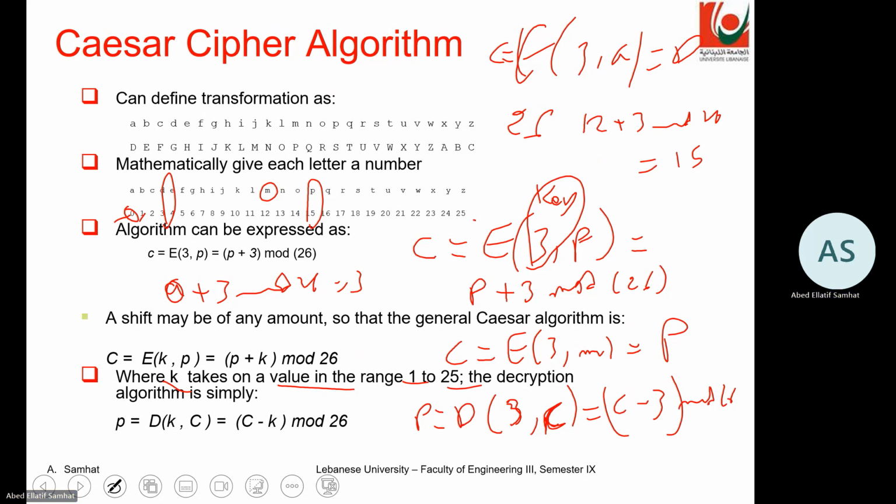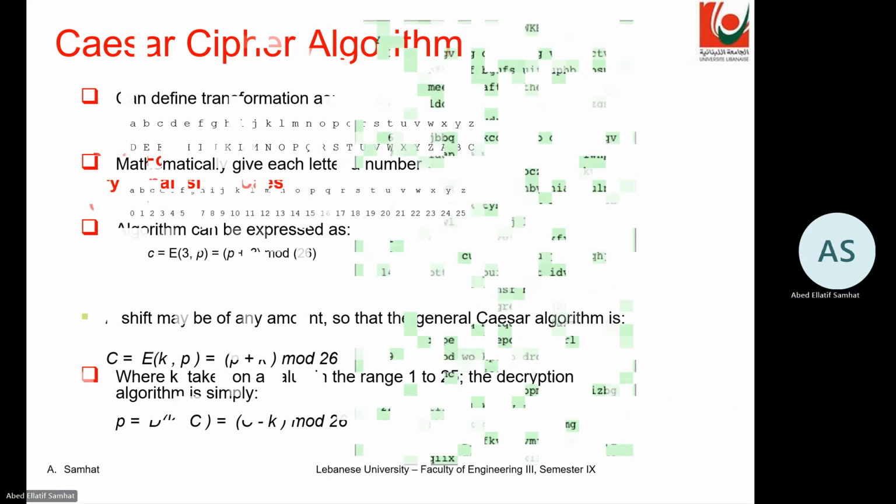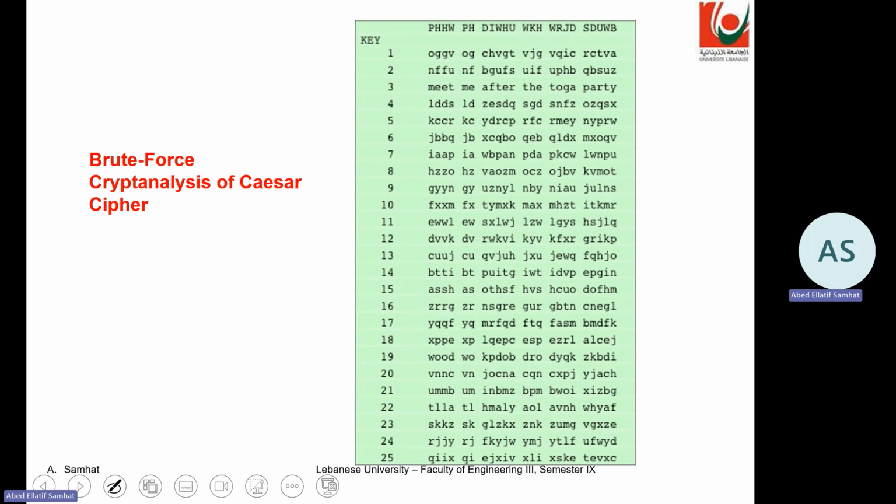So to summarize, in general when we are using substitution, the ciphertext equals the encryption of the plain text with the key, which is p plus K mod 26.